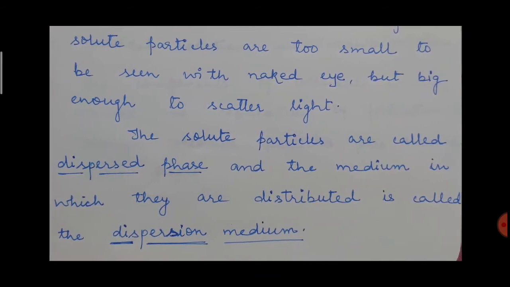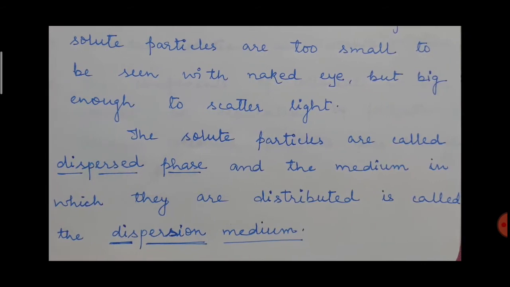Now the solute particles are called the dispersed phase, and the medium in which they are distributed is called the dispersion medium. That means the dispersed phase is equivalent to the solute in a solution, and the dispersion medium is equivalent to the solvent in a solution.